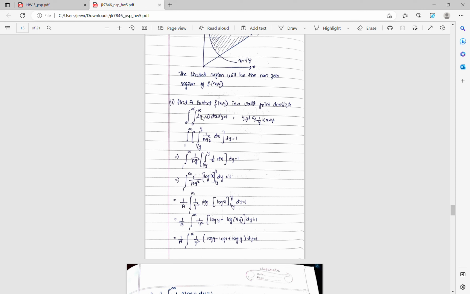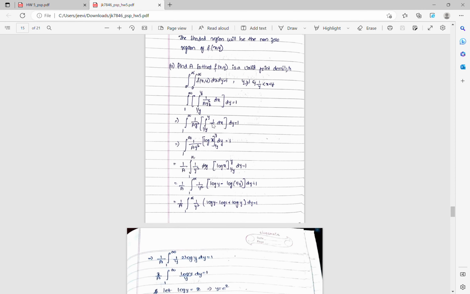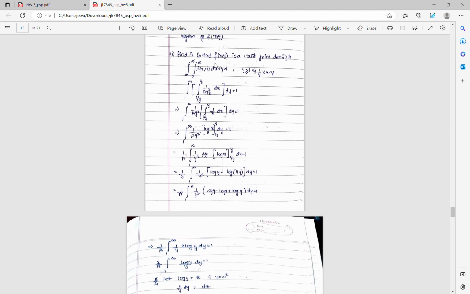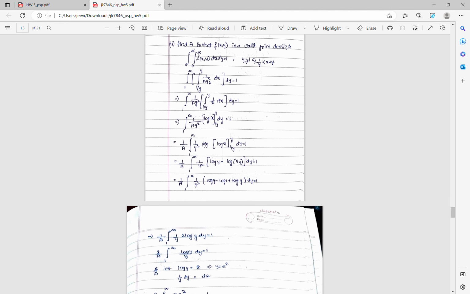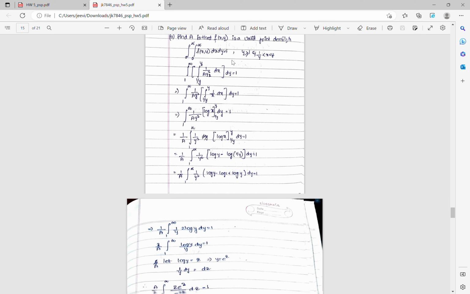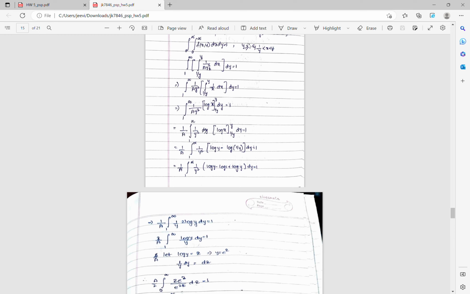If any function is a valid joint density function, the integral of that function will be equal to 1. Therefore, we'll be integrating this function over x and y over the interval 0 to infinity, since it will be only positive values that we see for x and y.